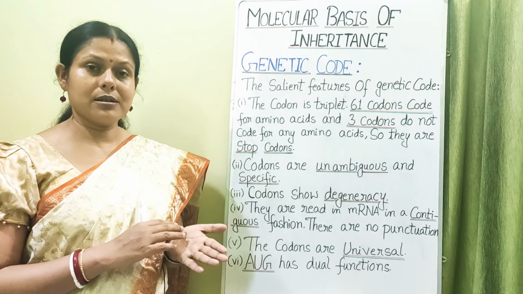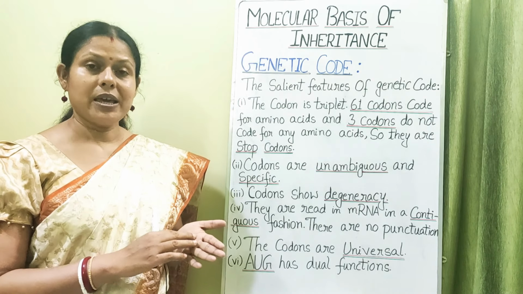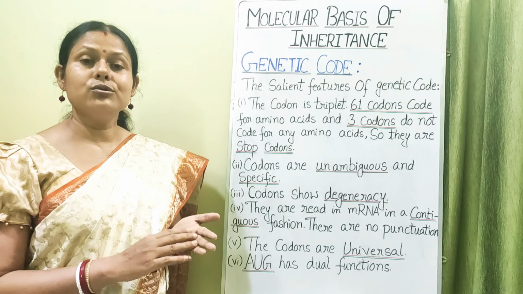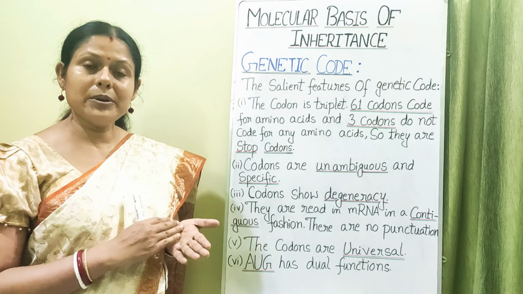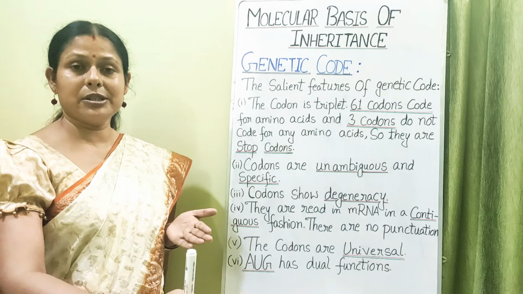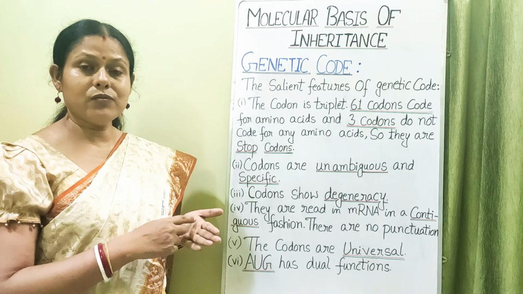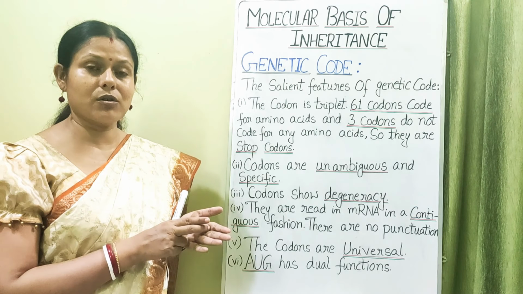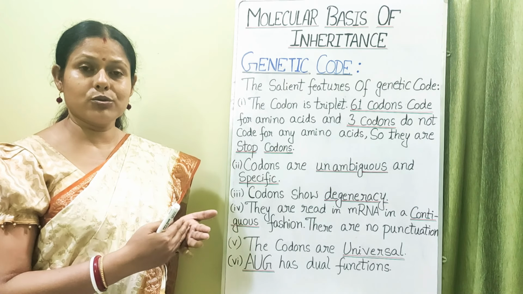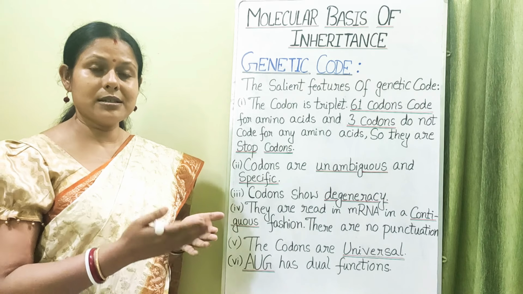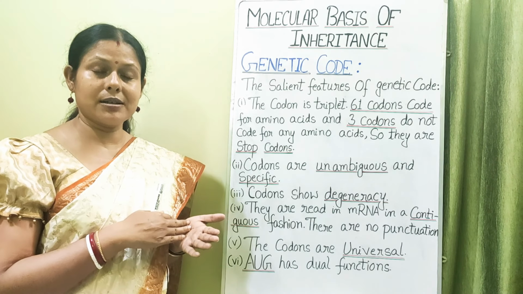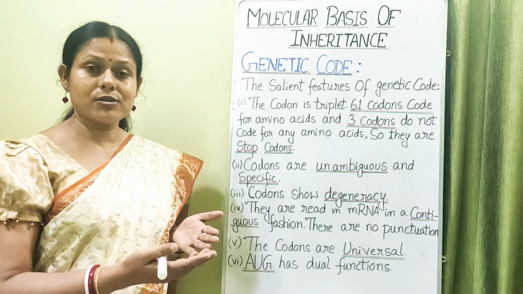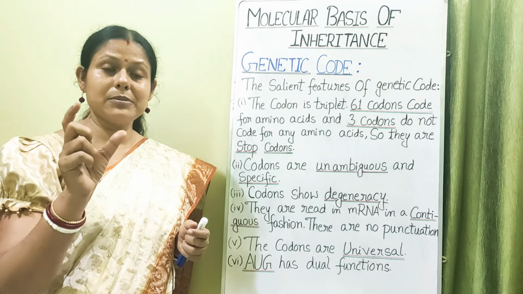Suppose there is U, then AUG, UGG. So all will be in continuous fashion till the termination codon is reached. It won't stop for some specific segment before the termination codon, or reuse the previous nucleotide base and shift the frame. What is this frame? It means a triplet.